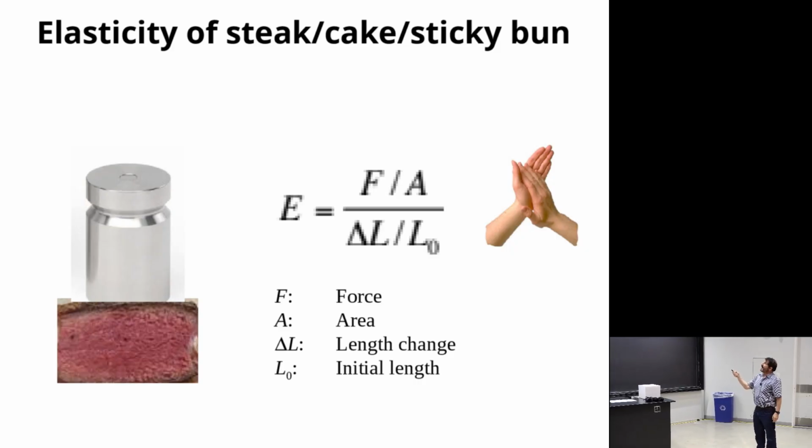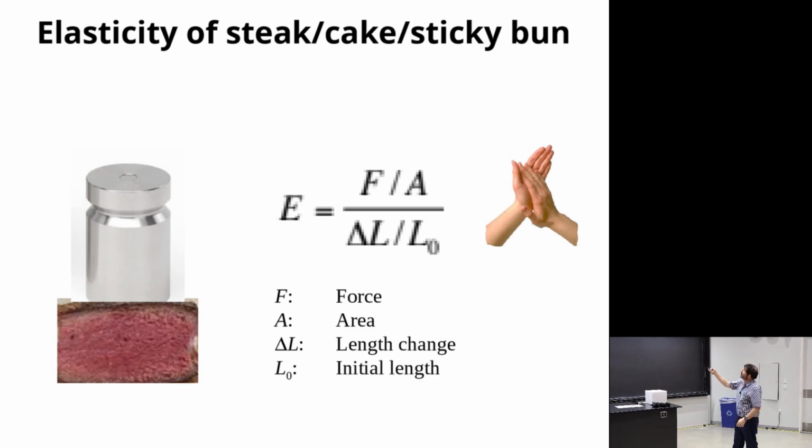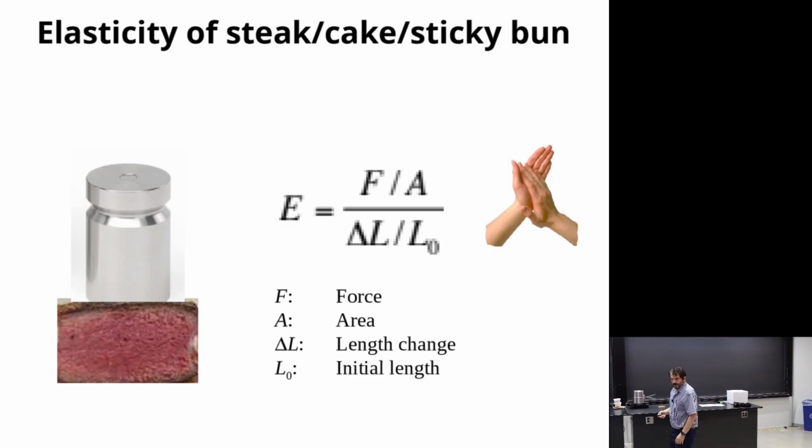So it depends on the area. I divide the force by the area, and then it's just measuring something that's characteristic of the food, something that's characteristic of what I'm measuring. Similarly, I don't want to have something that just depends on the length, so I normalize it by the length that it has.